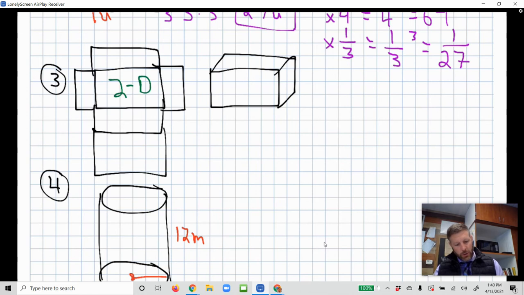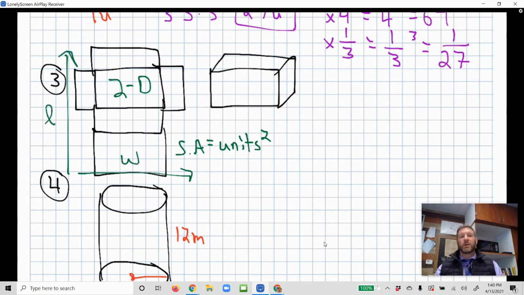Surface area is always units squared, because all you're really dealing with is length and width. You've just got 2 dimensions, length and width. And so that's a flat surface.